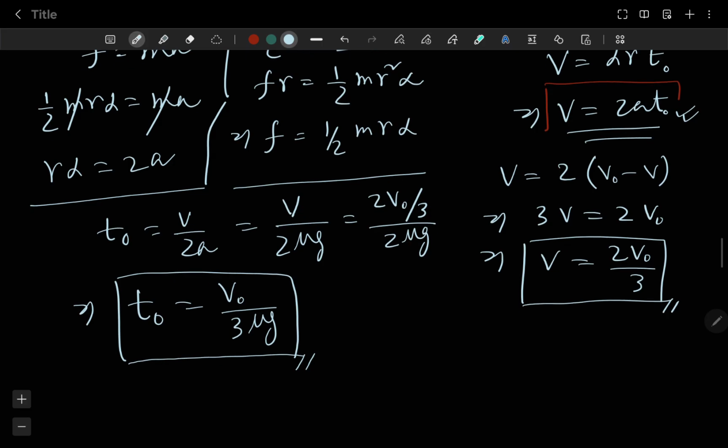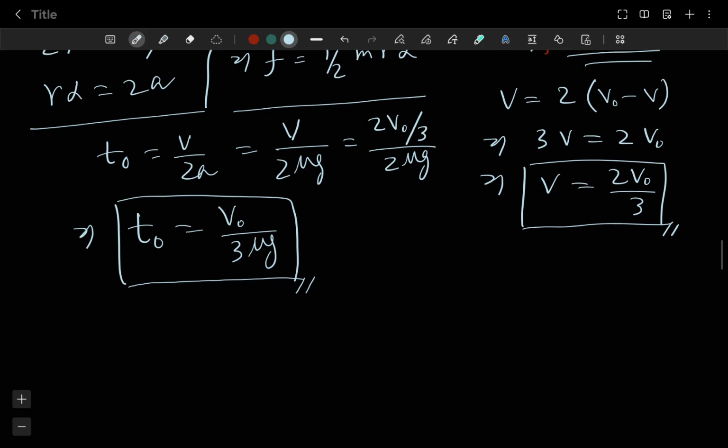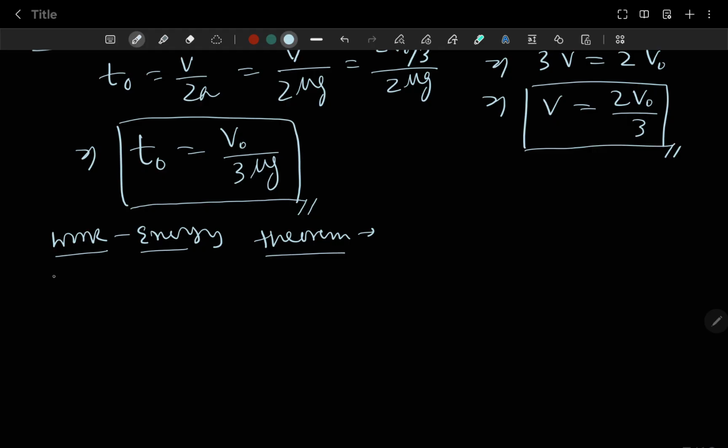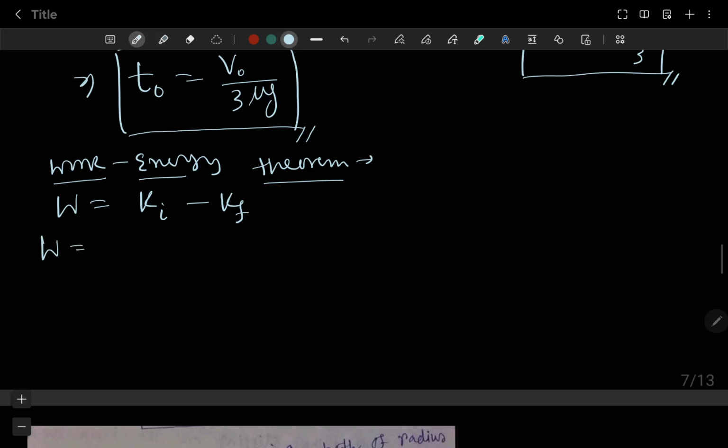Okay, fine. Now what is the work done by the frictional force? So we know work energy theorem. The work done will be the change in kinetic energy. Okay. So initially the kinetic energy was purely translational, so it was half m v0 square.